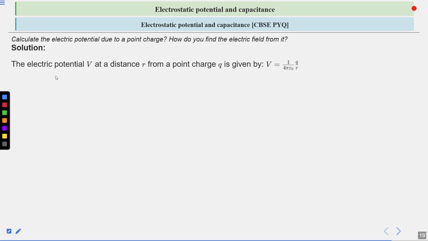Electric potential V at a distance R from a point charge Q is given by the following. We know that the potential energy stored when we move a point charge from infinity to a point at a distance R from the source charge is 1 by 4 pi epsilon naught times the magnitude of the source charge into the magnitude of the test charge, upon the distance between the source charge and the point.